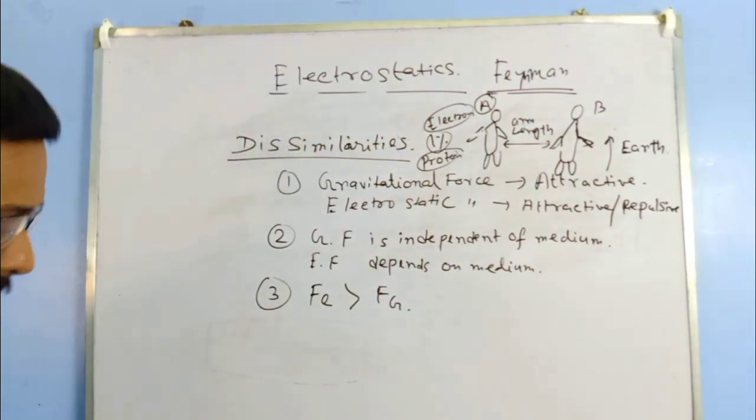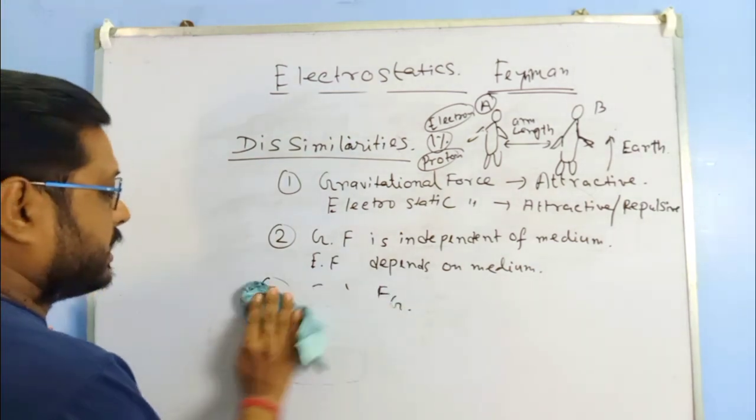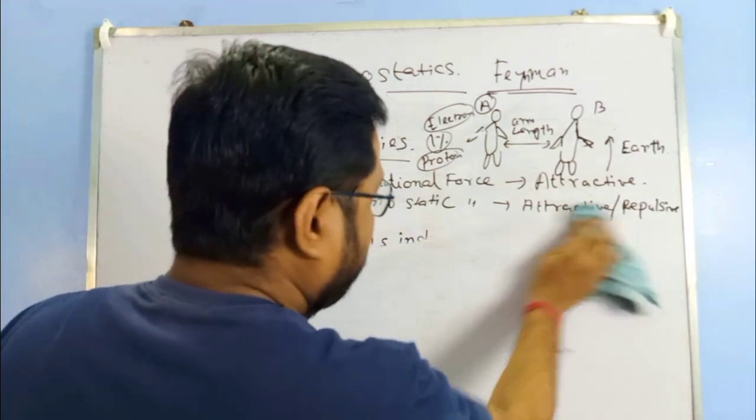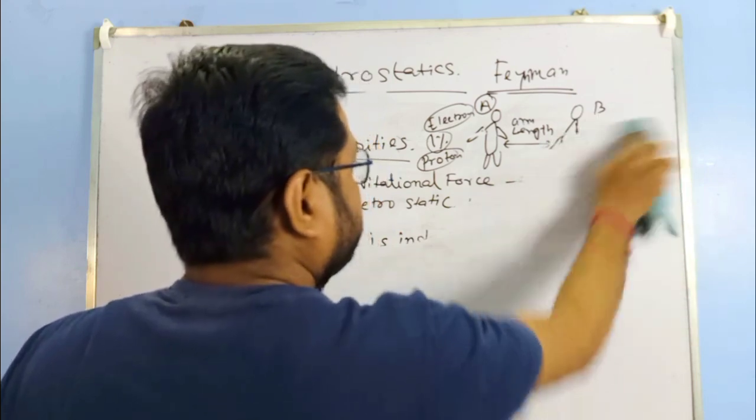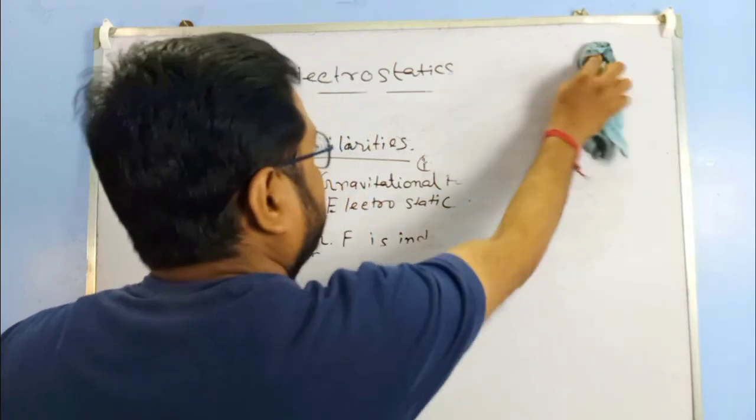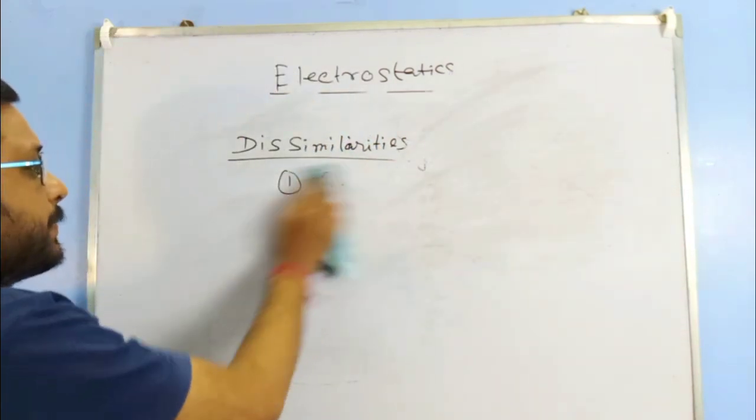In this way we prove that the gravitational force is weaker than the electrostatic force, or the electrostatic force is much stronger than the gravitational force.